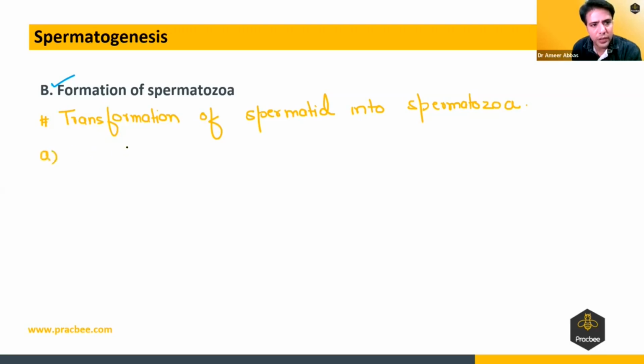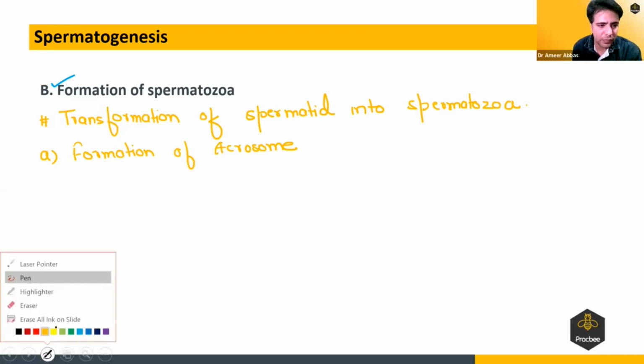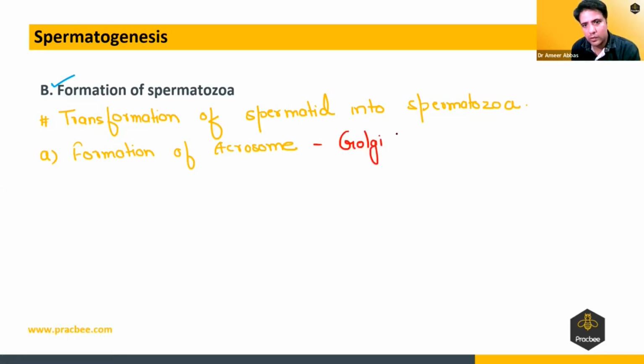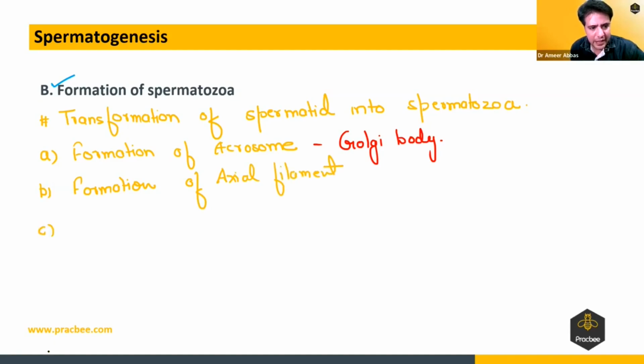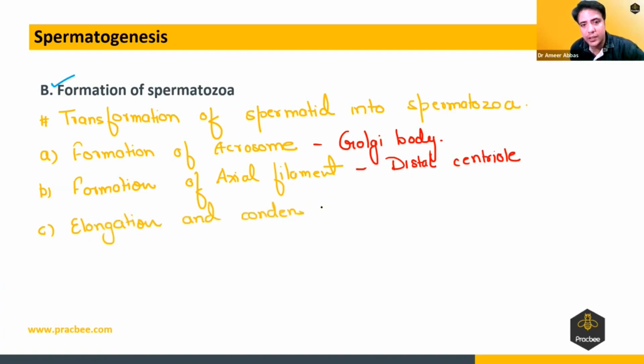First of all, formation of acrosome, and this acrosome is formed by Golgi body. Formation of axial filament, and this axial filament is formed by distal centriole. Elongation and condensation of nucleus.